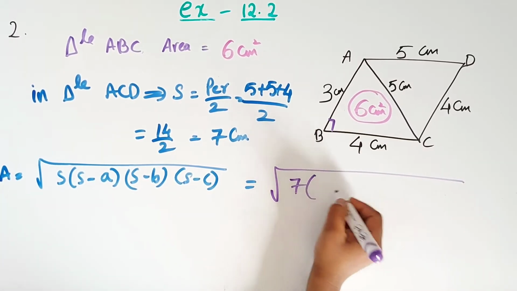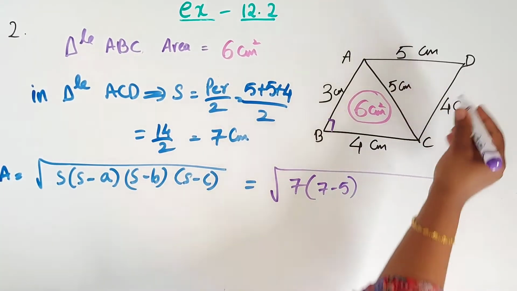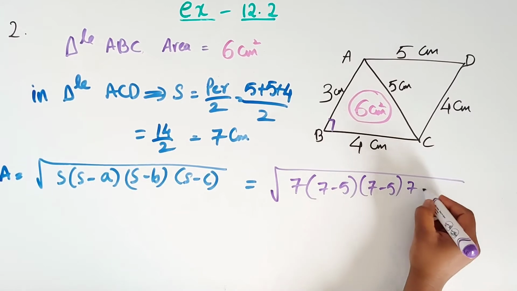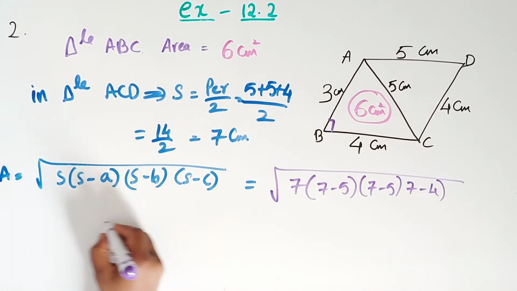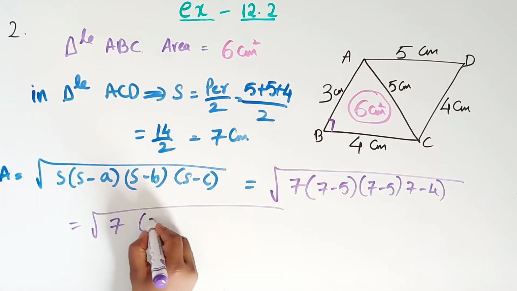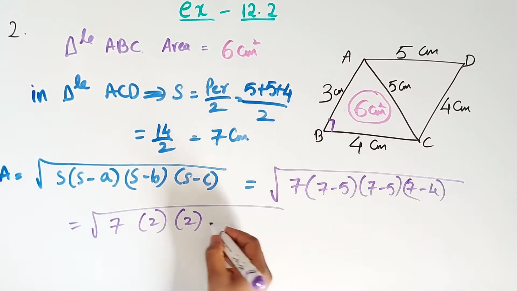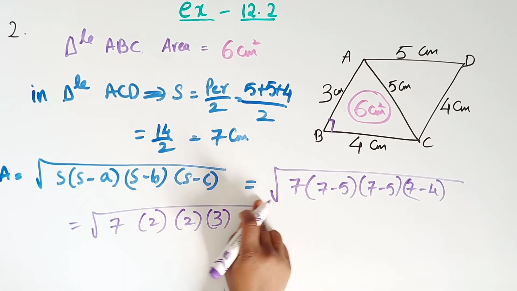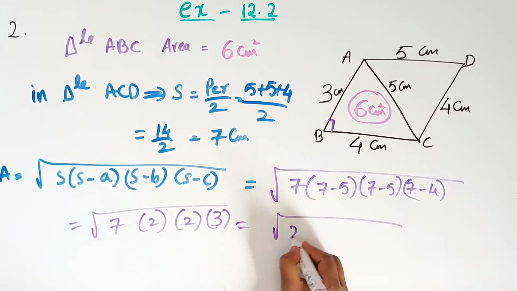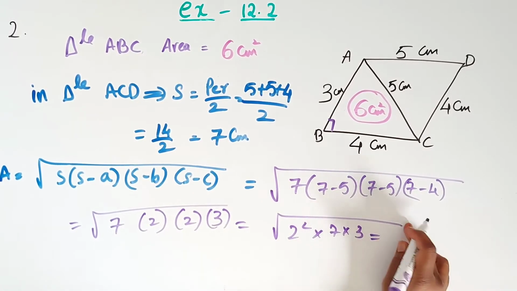So 7 into S minus A, 7 minus 5, S minus B, 7 minus 5 again, S minus C, 7 minus 4. This equal to root of 7 into 7 minus 5, children. It is 2. 7 minus 5 again 2. 7 minus 4, it is 3. Here we have two 2's. That means root of 2 square into 7 into 3 we can write. Correct, children?